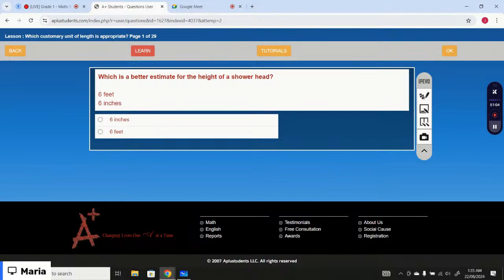Which is a better estimate for the height of a shower head? 6 feet or 6 inches. So which is the correct option?